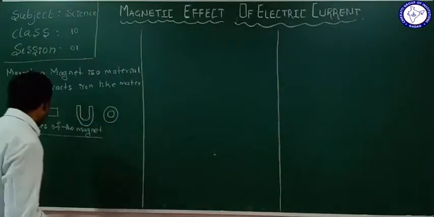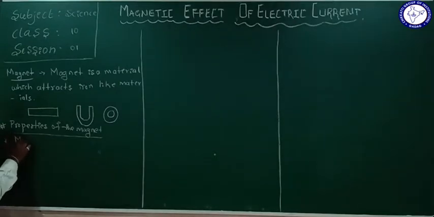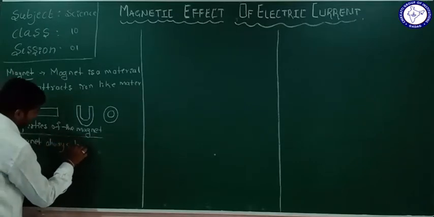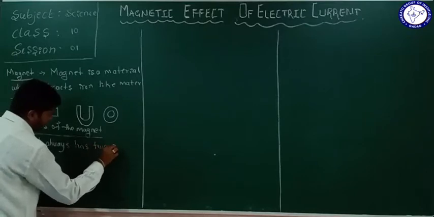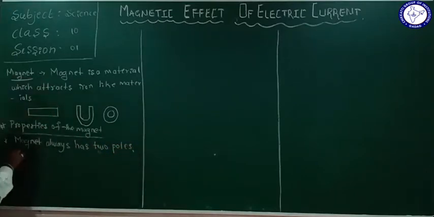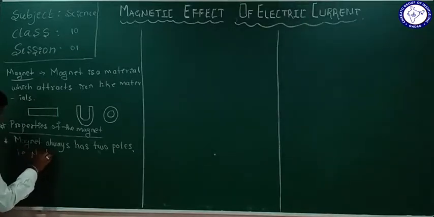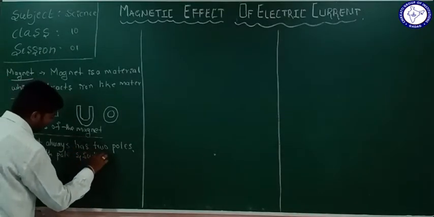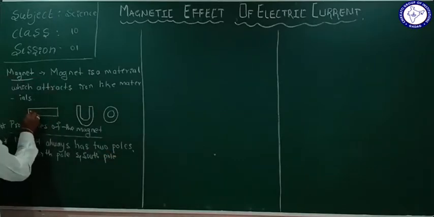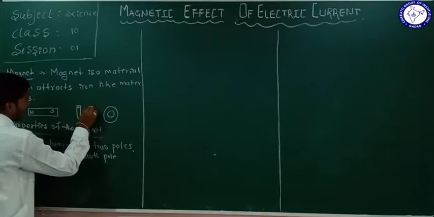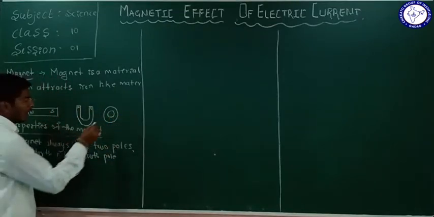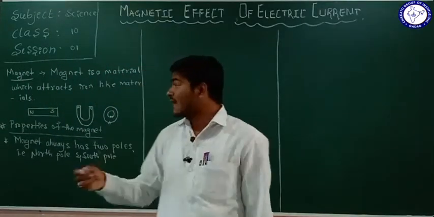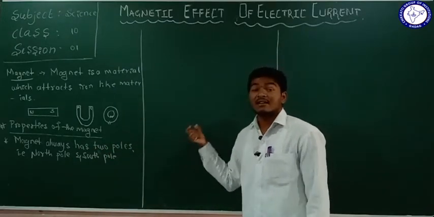We have to remember, a magnet always has two poles, that is north pole and south pole. Here in a circular magnet, one side is north and the other side is south. So every magnet always has two poles, a north pole and a south pole.